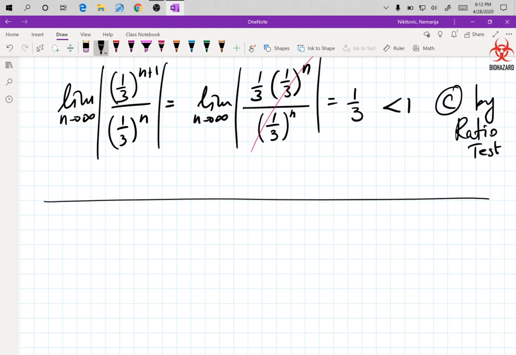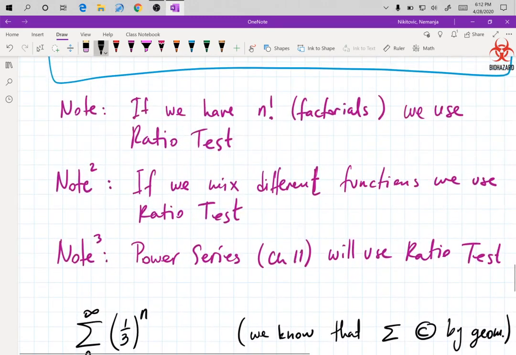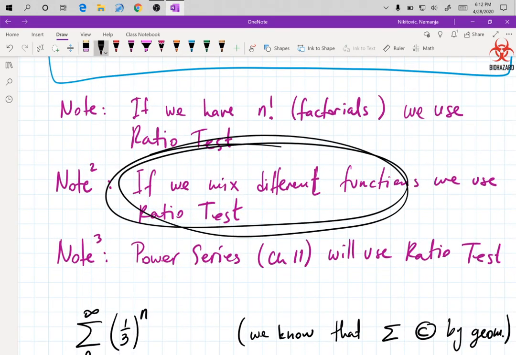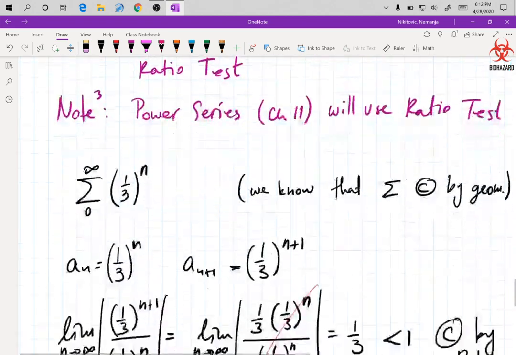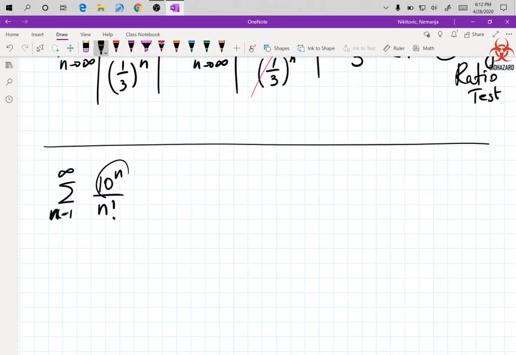Let's take a look at some of these other examples with the factorial. So the book has 10 to the n over n factorial. They have k's. I'm just going to use n's. Remember how note 2 says if we mix different functions, we use ratio? Well, this one over here is exponential.